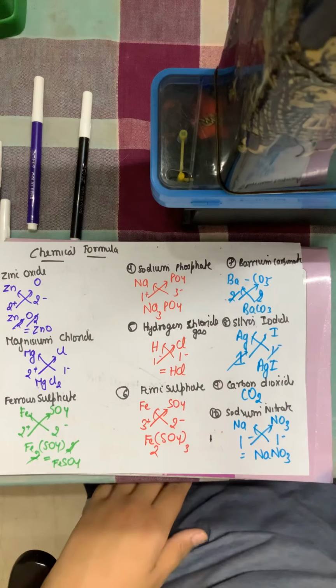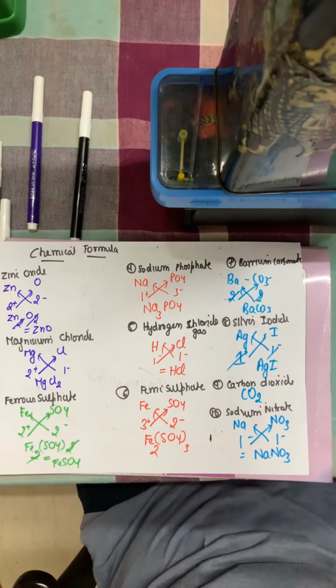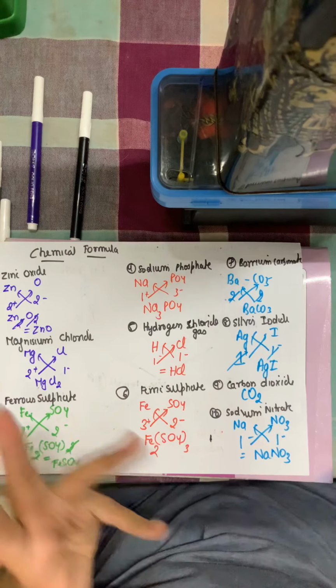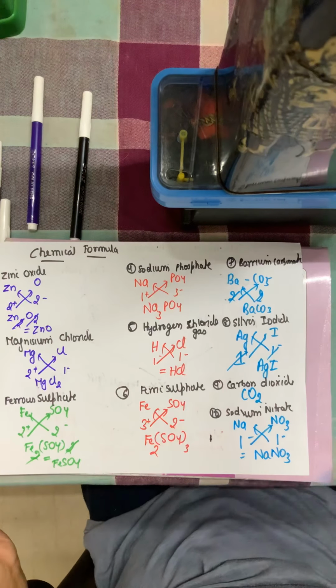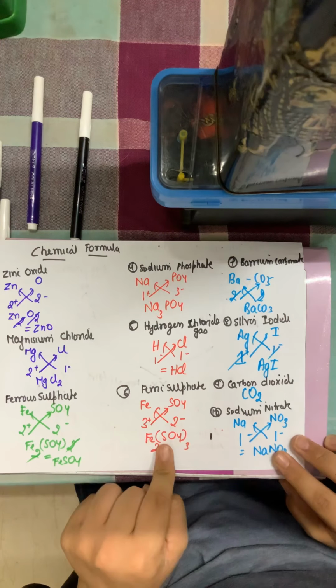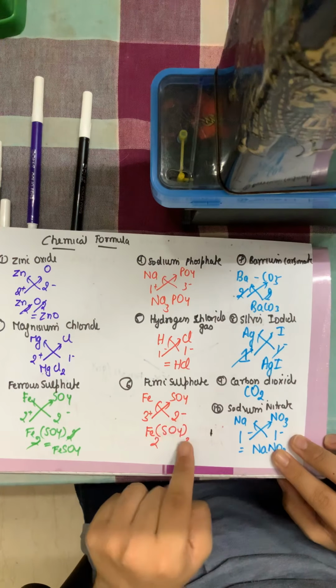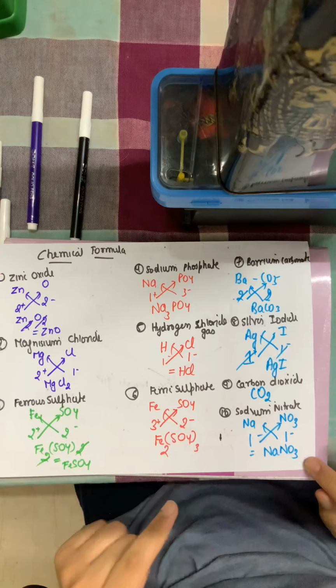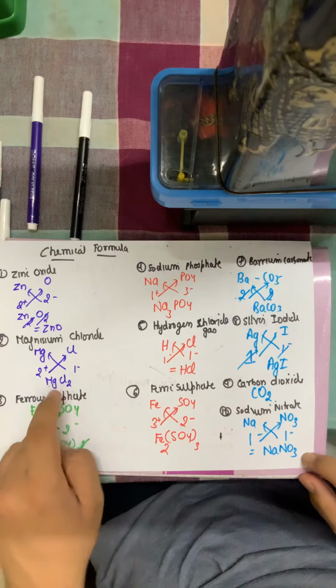Now what about the bracket? A bracket we have to place only when we have an element in a formula which has more than 2 elements, a complex element called a radical. A radical is a complex element. So SO4, it is made up of S and O, so that's why the 3 is distributed to S and O both, so we write it like this. Now just look at this Cl2.